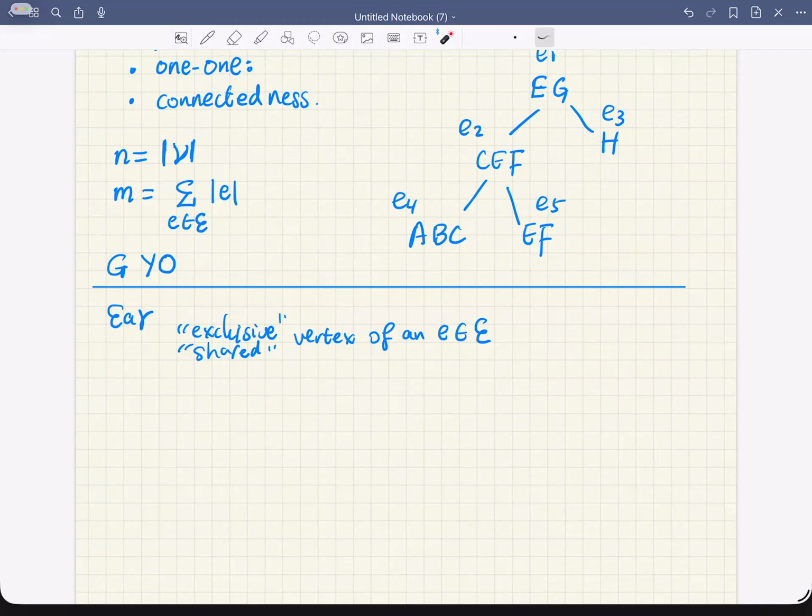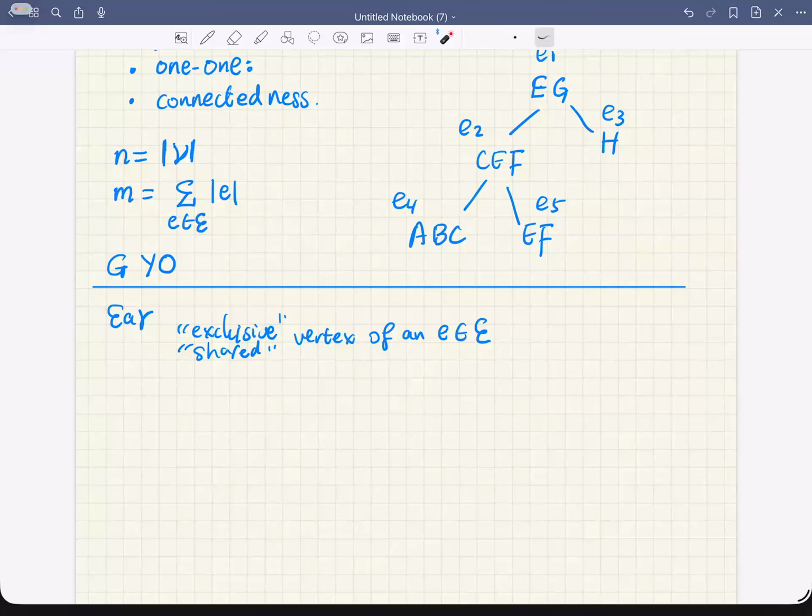If you look at E4, you can think about C as the channel that E4 would use to connect to the world. You see what I mean? That's sort of like the interface, the shared vertex. This word interface is aptly chosen. Why?